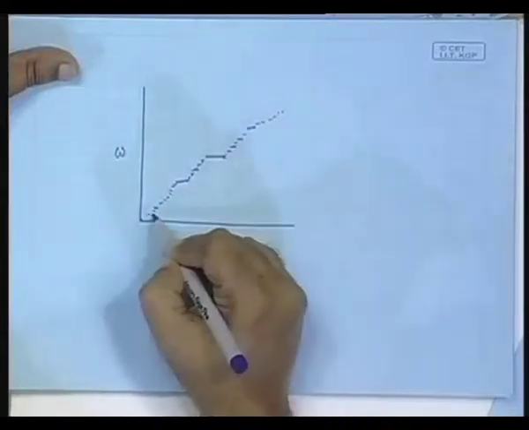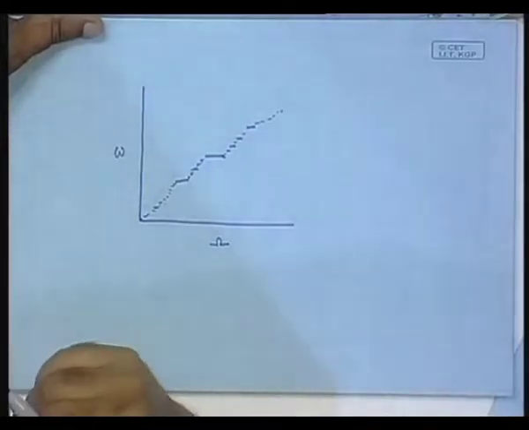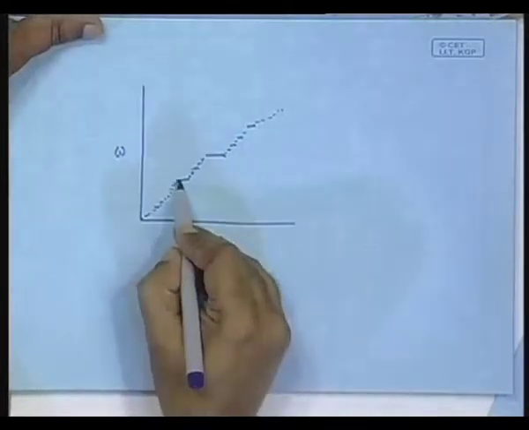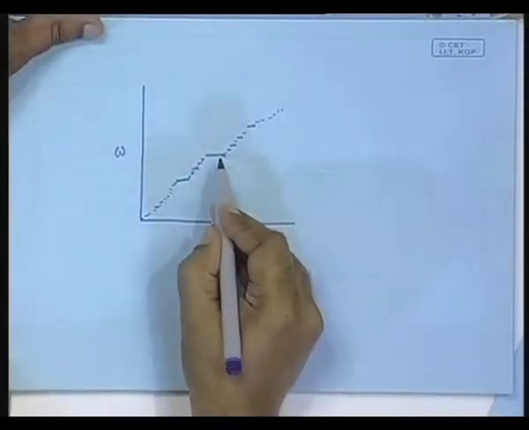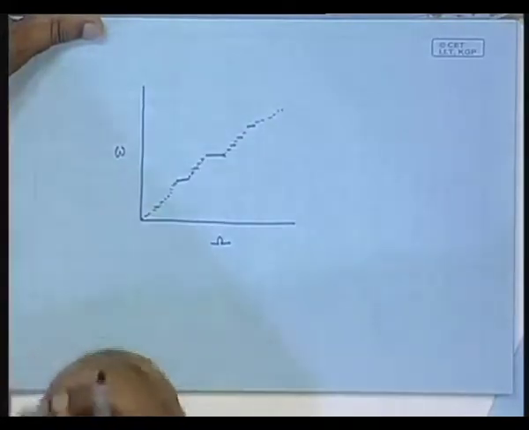I will not draw it with continuous line. It will be a graph like this. What is the speciality of this graph? Each of these horizontal lines represent the parameter range for which a periodic orbit occurs, a mode locked window, right.